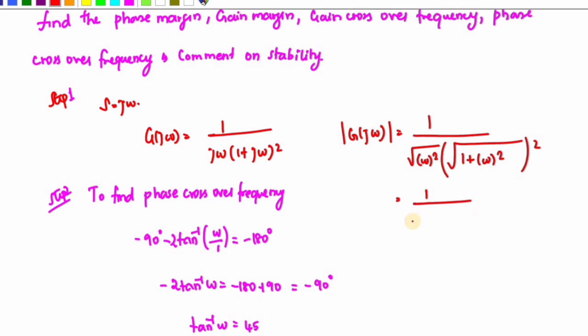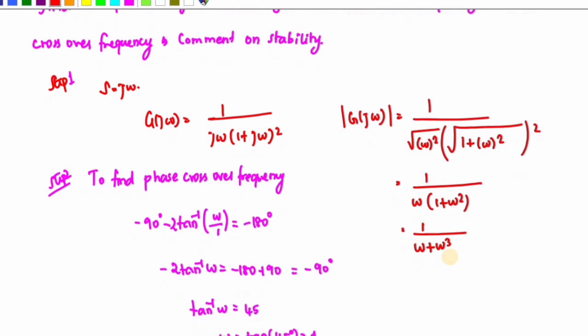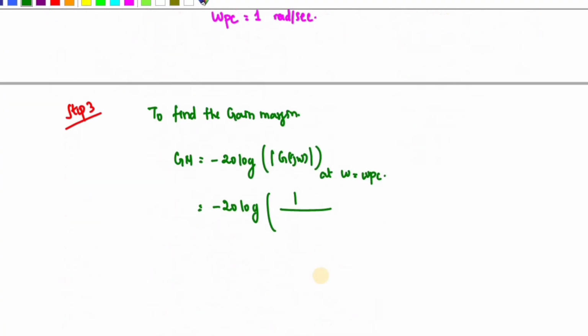So this is equal to 1 divided by omega into root of (1 plus omega square), that is, 1 divided by omega plus omega cube. Substituting omega PC equal to 1, you will get 1 divided by 2. That is nothing but minus 20 log of 0.5.